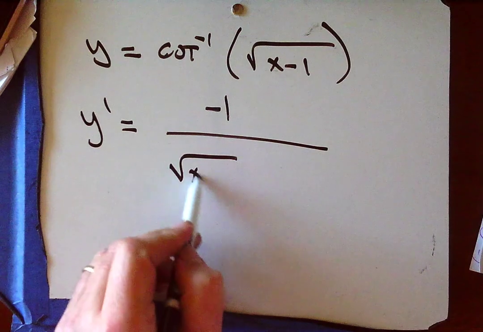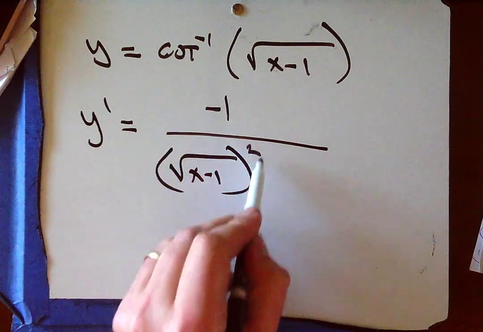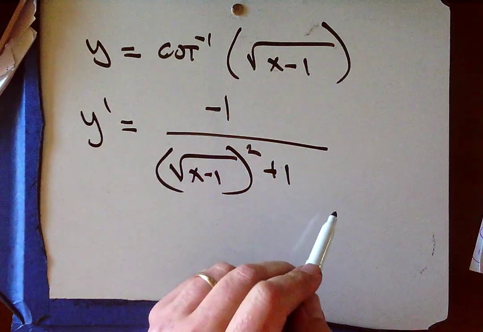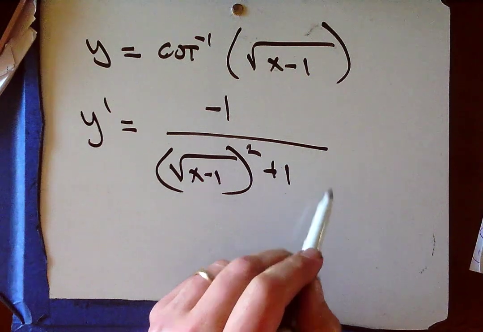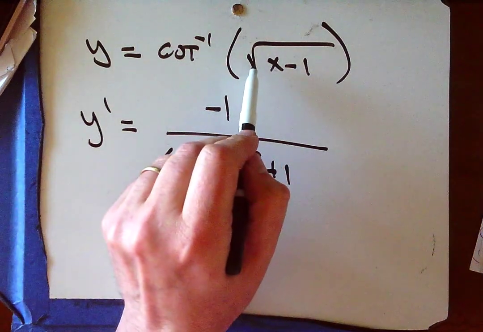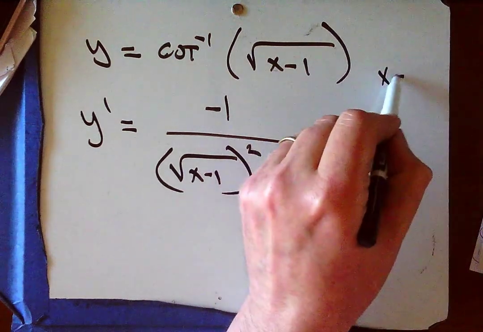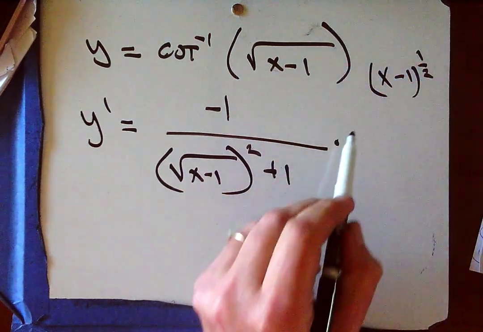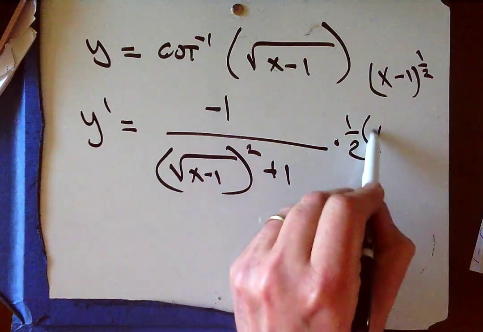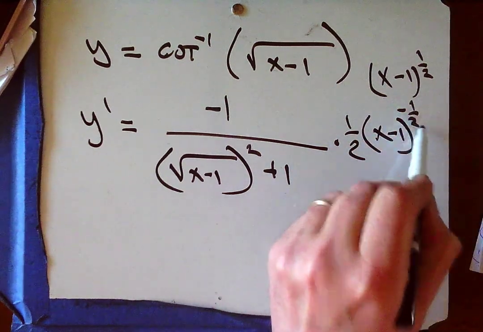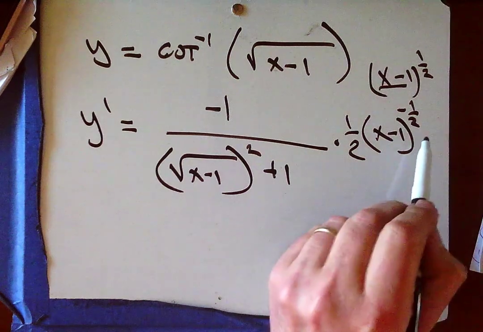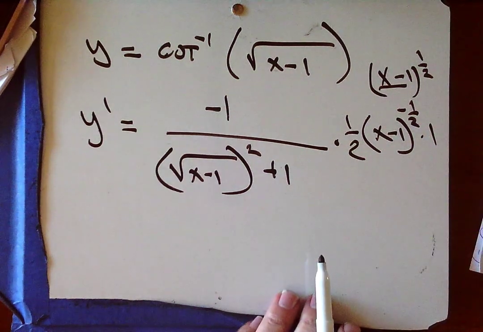So square root of x minus 1 squared plus 1. And so many people feel like they're done at this point. Except you still need to take the derivative of the inside function. So remember, this is x minus 1 to the 1/2 power. So the derivative will be this. And then don't forget to take the derivative of the inside, but that's only 1.